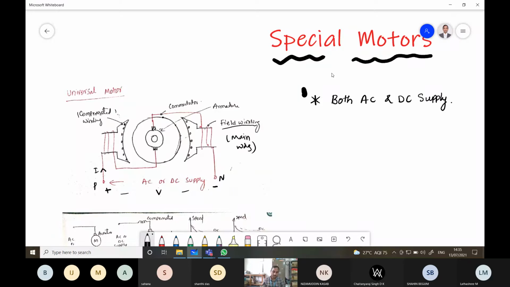So in this case, there are two types. First one is non-compensated type. Second one is compensated type universal motor. Non-compensated type motor usually has a low HP, and compensated motor is used for higher HP rating.